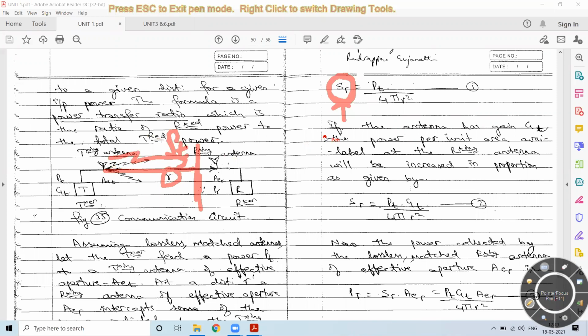So by definition, what is power density? Power density is power flow per unit area, the power which is flowing through per unit area. At a distance r, you consider a unit area, and its area will be the area of the sphere, which is 4 pi r square. We saw this in the previous power theorem relation.